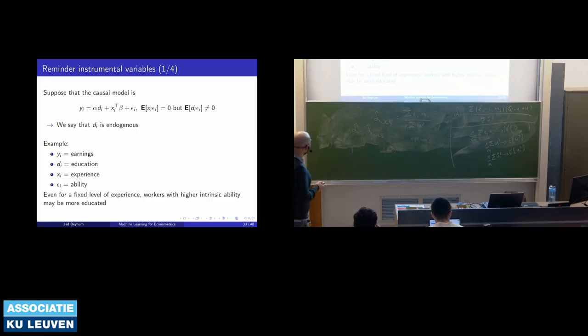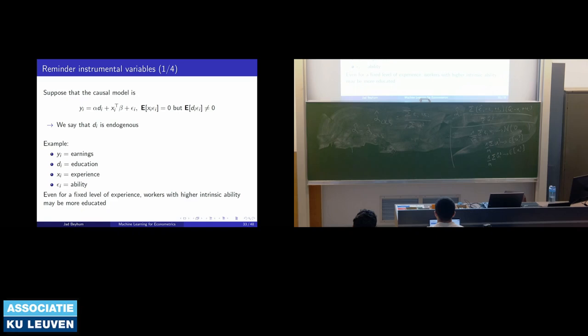Let me give you an example. You want to know the causal effect of education on earnings, so you have Y_i regressed on D_i plus some X_i. Here X_i could be experience, D_i is education, and epsilon_i is ability. I could put as many variables as I want in X, but I will never be able to fully measure ability.